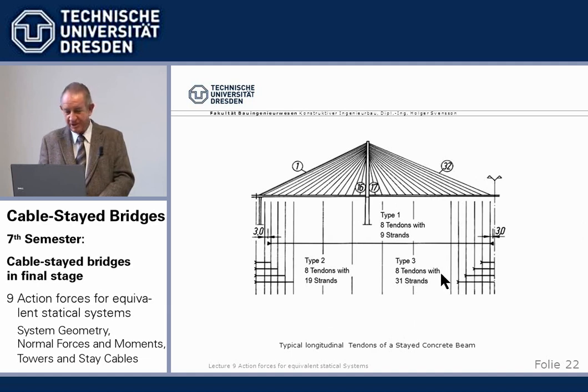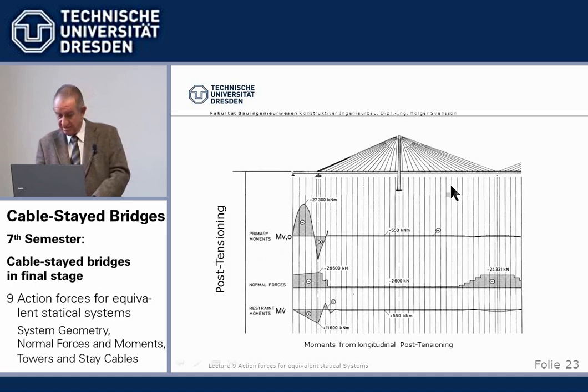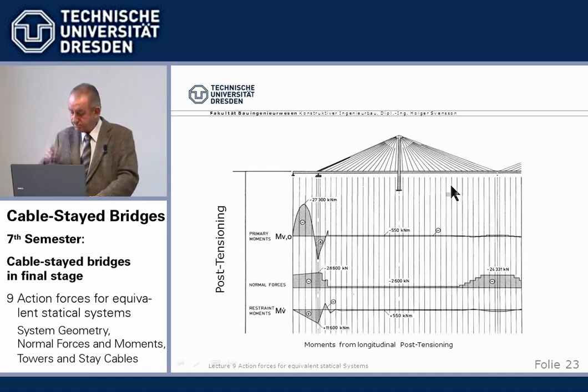Now here we have a typical, talking of post-tensioning, run of tendons, something over the full length for construction, and then in the center and at the ends where we have less from the cables. Now, as I told you, this is now just a typical example. A cable stayed bridge.